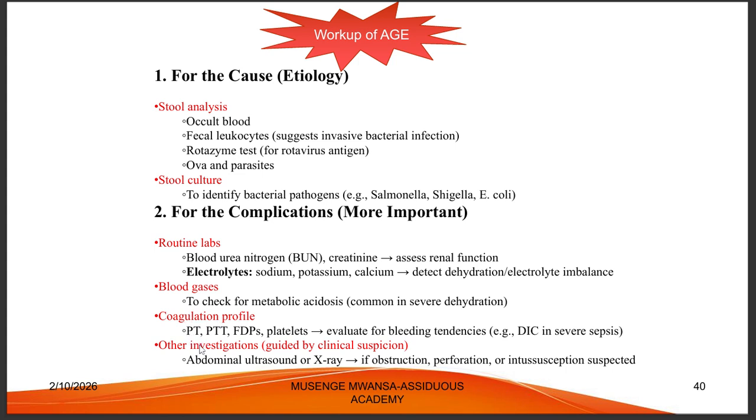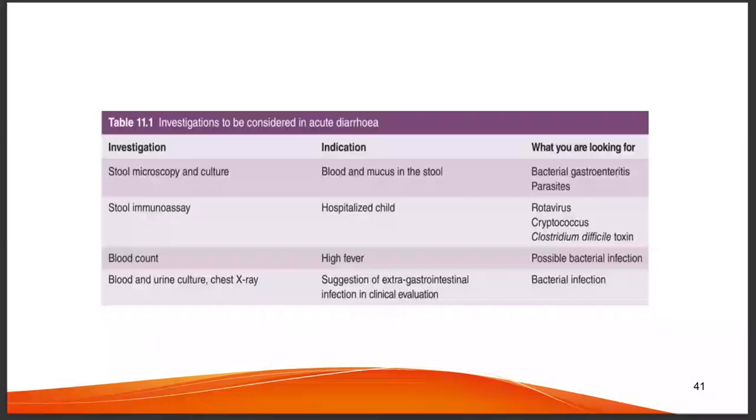Coagulation profile, prothrombin time, activated partial thromboplastin time, platelets, to evaluate for bleeding tendencies, because DIC can actually happen in AGE. Other investigations guided by the clinical suspicion include the abdominal ultrasound in case someone is presenting with so much abdominal pain and you're thinking maybe it can be an abdominal obstruction or maybe a perforation or intussusception.